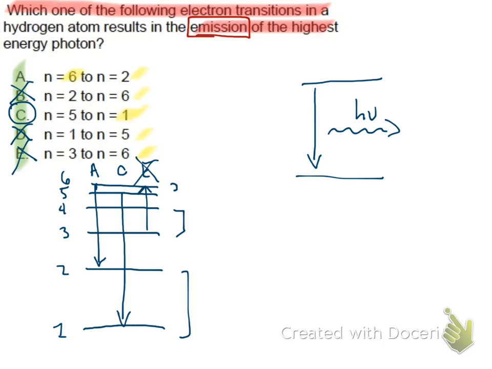In one we went from 5 to 1 and the other from 6 to 2, but because the biggest gap exists between levels 1 and 2, that's going to end up giving an overall larger energy difference. And so we see that we can solve this problem that appears at first to be quantitative by just qualitatively considering what we know about the energy spacing in a hydrogen atom.